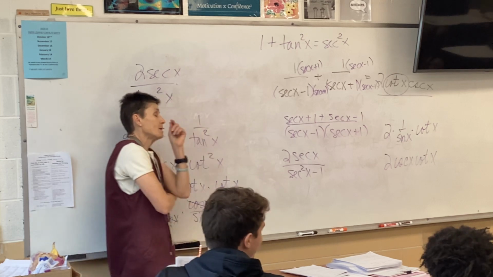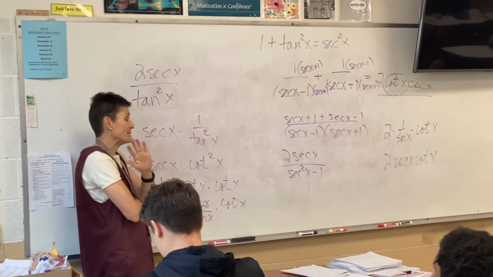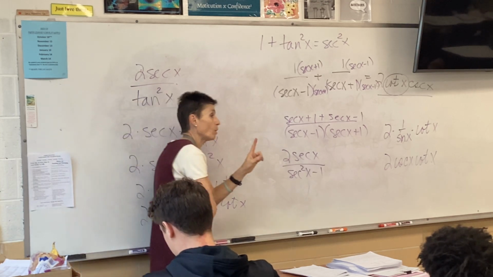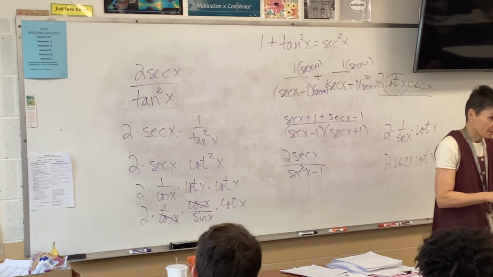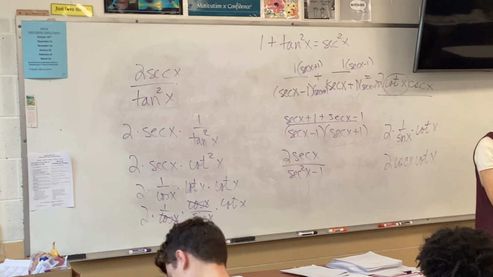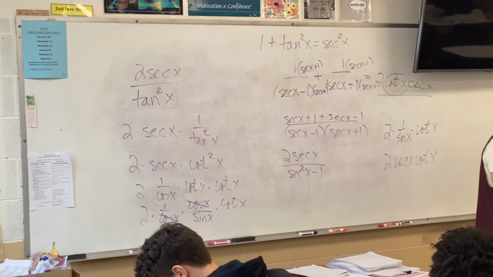Now, this problem could be done other ways, but the moral of the story is, you gotta get it done. If you get to a point and you're not sure what else to do, then go back and start over with a different strategy.